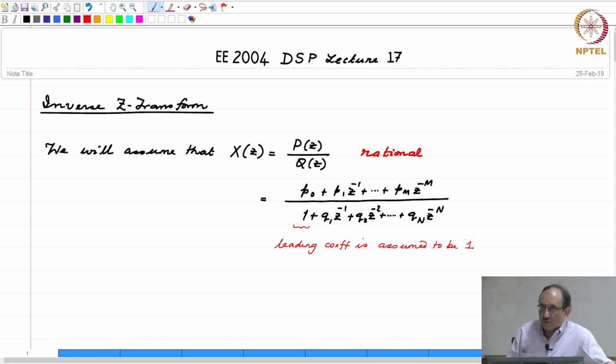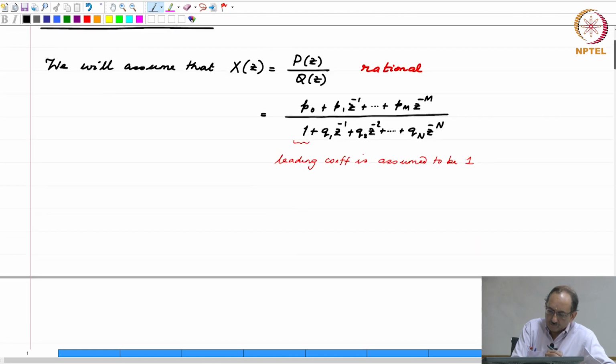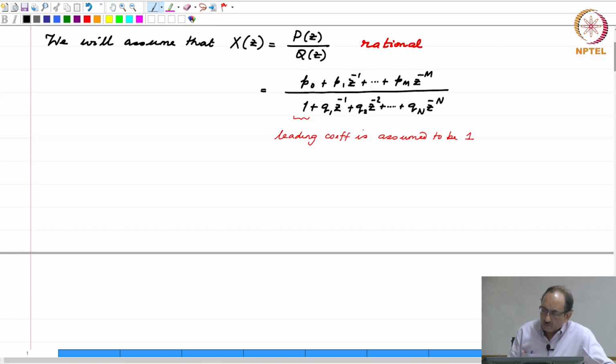This is not a restriction, because if the leading coefficient were not 1, we can always normalize it so that the leading coefficient becomes 1. So, this is perfectly fine, it is not restrictive. The numerator is assumed to be of the form P naught plus P1 z inverse and so on.